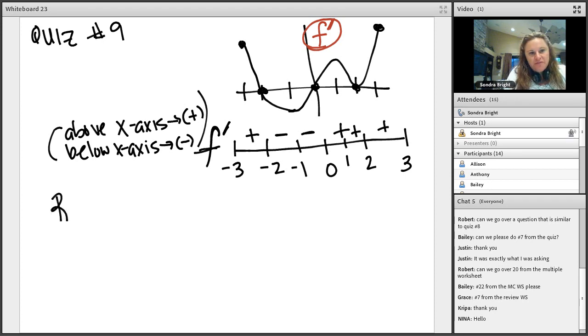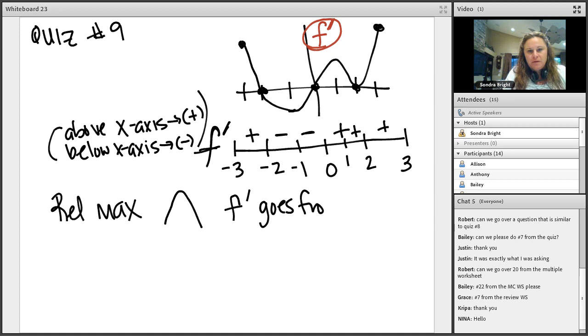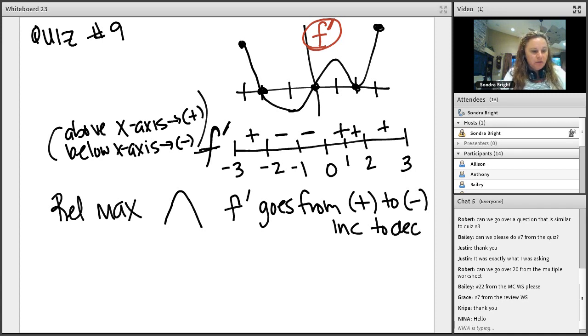So a relative maximum happens when you go from increasing to decreasing, right? So when f prime goes from a positive value to a negative value.